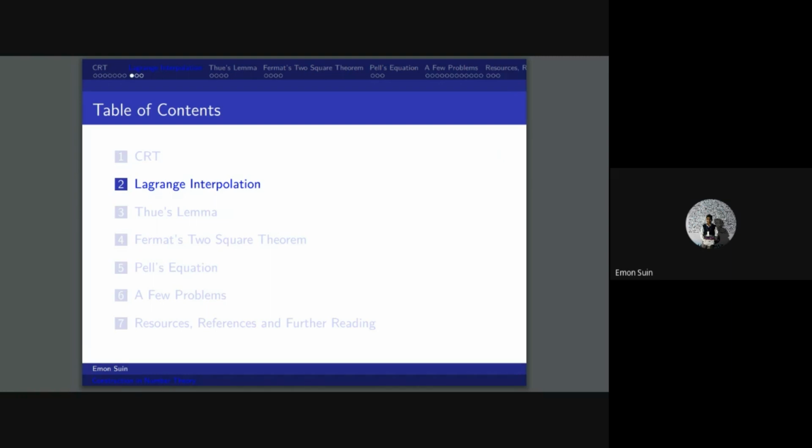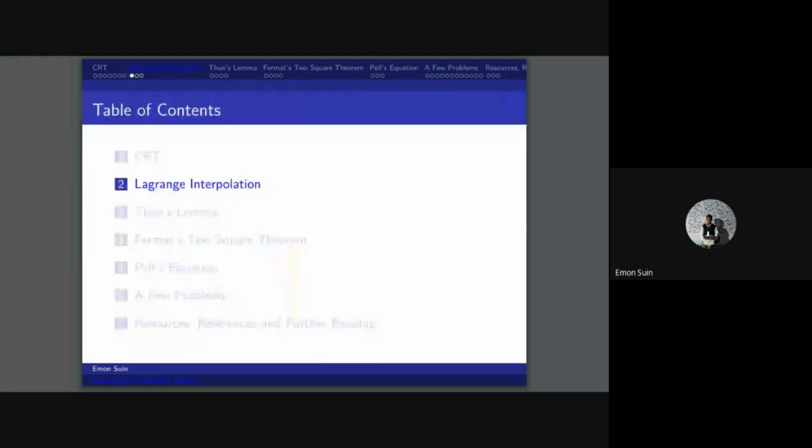The only thing that is important is its statement and how you apply it in Olympiads. For example, there was IMO shortlist 1997, a problem where we could have solved it using Lagrange interpolation. So what does exactly Lagrange interpolation state?